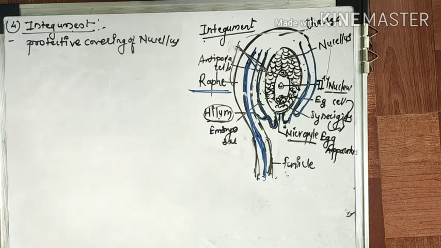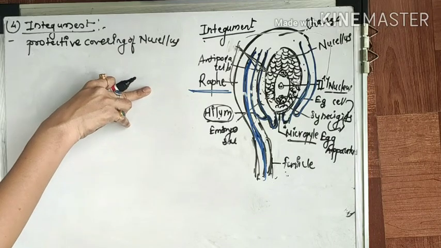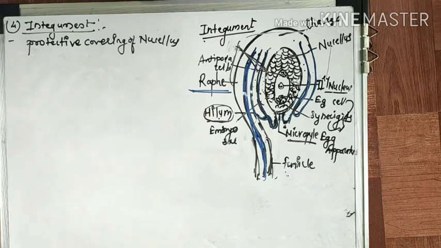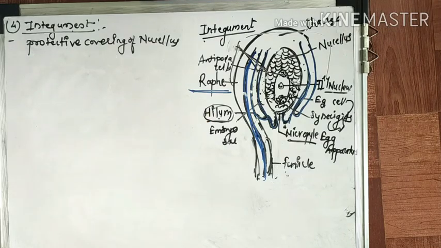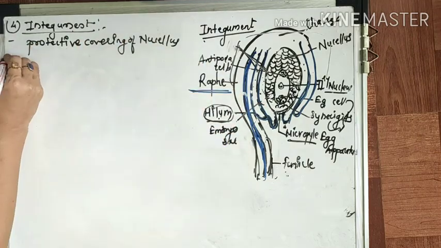Now ovules are classified on the basis of the number of integuments. How many integuments are present, on that basis ovules are classified.